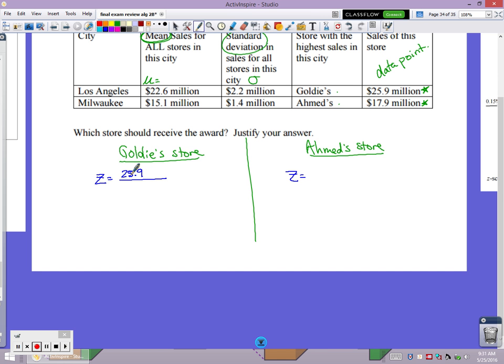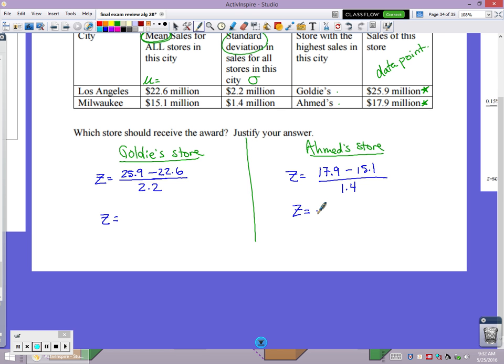So I put my data score minus the mean divided by the standard deviation, 2.2. That will give me my z-score for Goldie's store. And the z-score for Ahmed: 17.9 minus the mean, 15.1, divided by the standard deviation, 1.4. This will tell me how far above or below the mean we are.